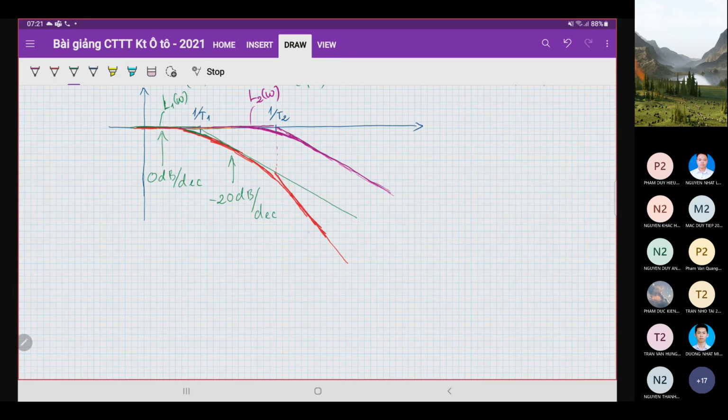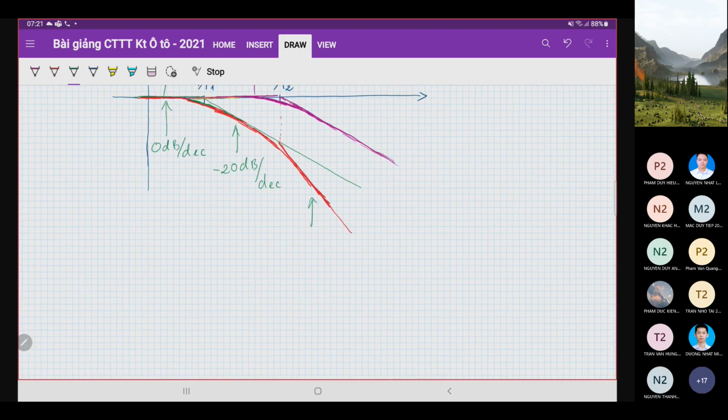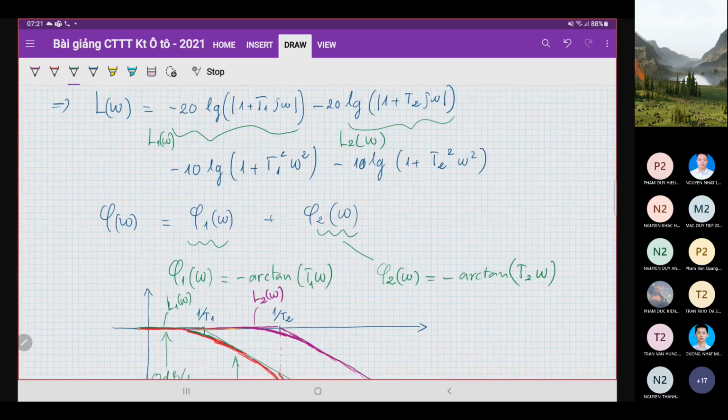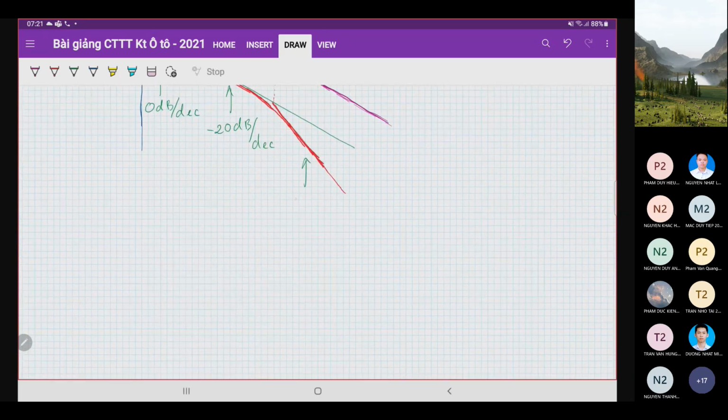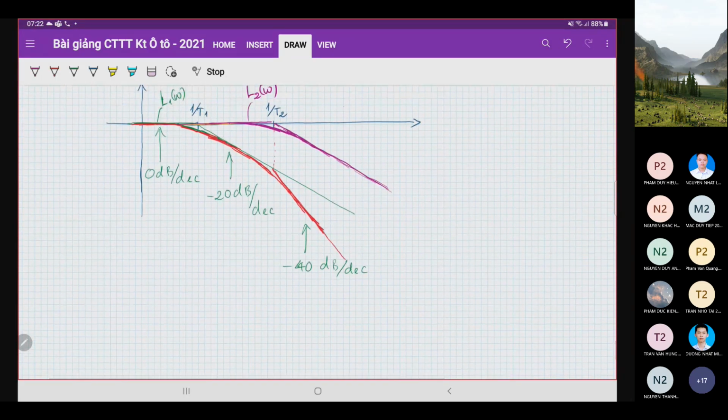And the last part of the diagram, because we have minus 20 plus minus 20, so we have here minus 40 dB per decade. Okay, and the red line here will be the final. This one is L(omega).